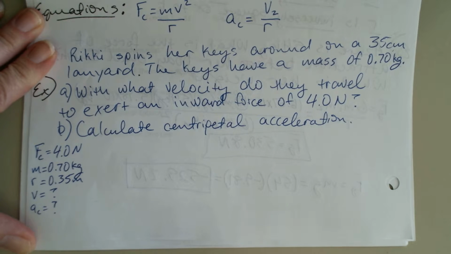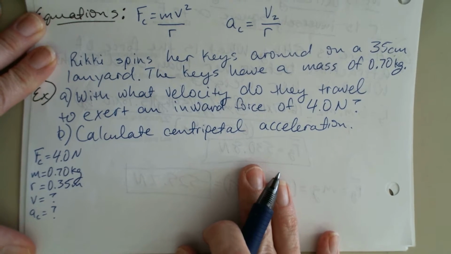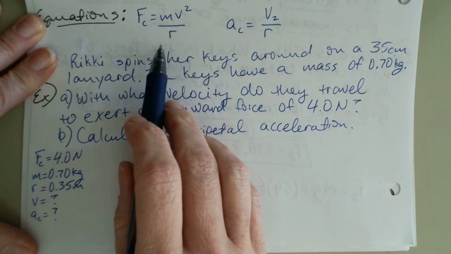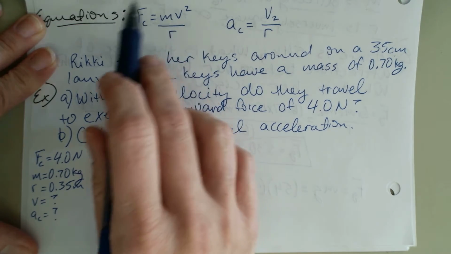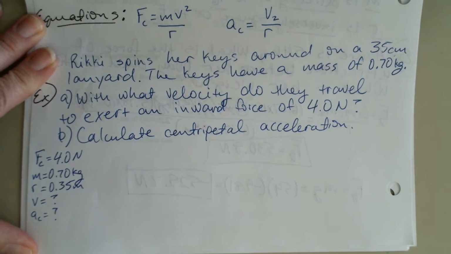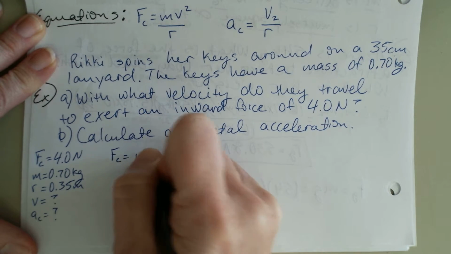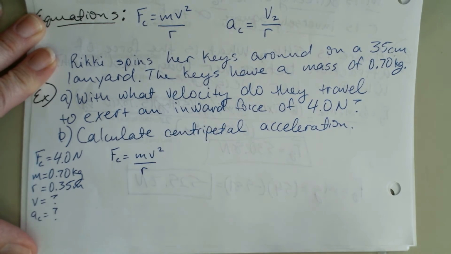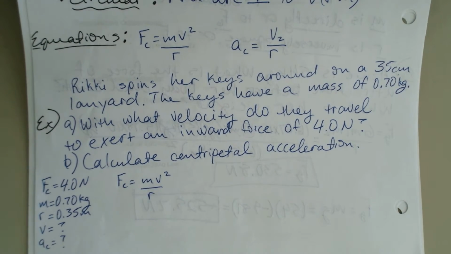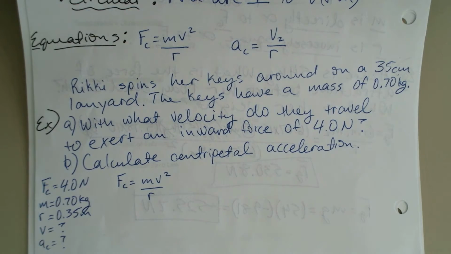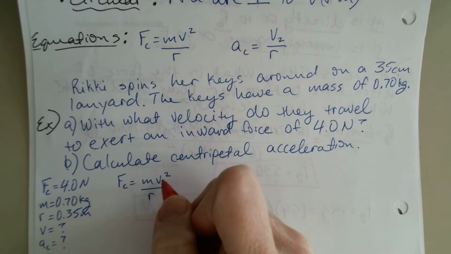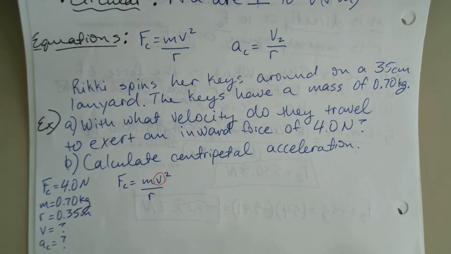Alright, so for the first part I need an equation that doesn't have acceleration in it but does have velocity. So of my two equations, that's going to be the Fc one, okay? But I need to rearrange that and solve for velocity. So Fc equals mv squared over r. So I need to isolate velocity, get it all by itself.